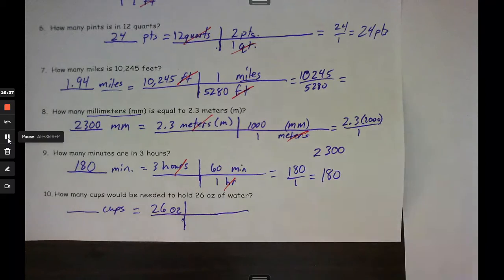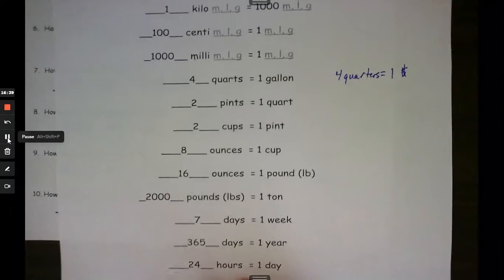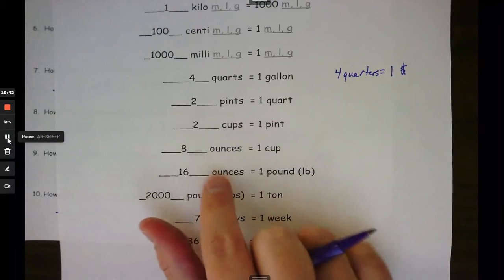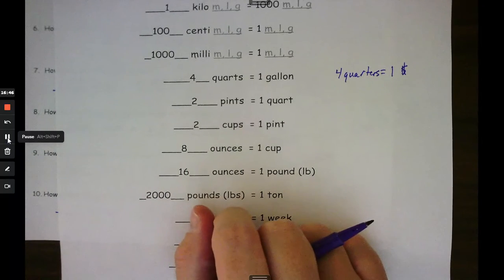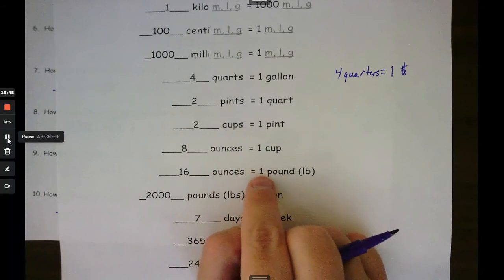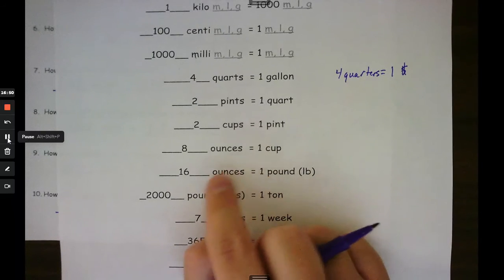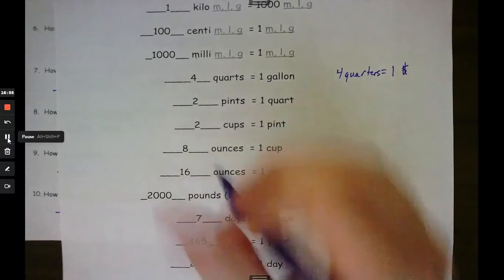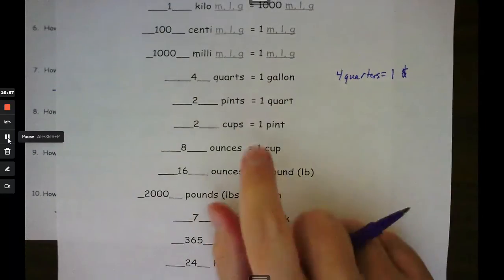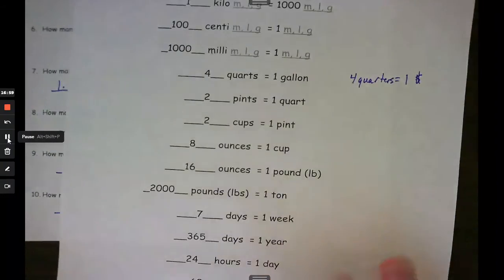If you don't, then go to your chart. Okay? Ounces, OZ. Now be careful. We have ounces twice. So we got to choose which one makes more sense for us. 16 ounces in 1 pound is great if you're trying to go from ounces to pounds, but we're not. We're going from fluid ounces, this is technically fluid ounces, to 1 cup.